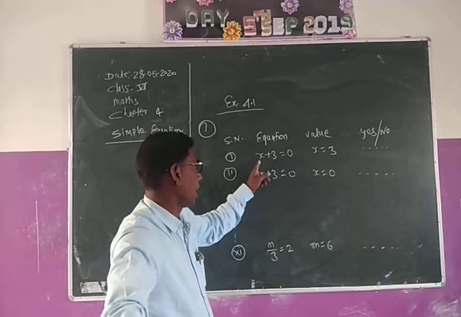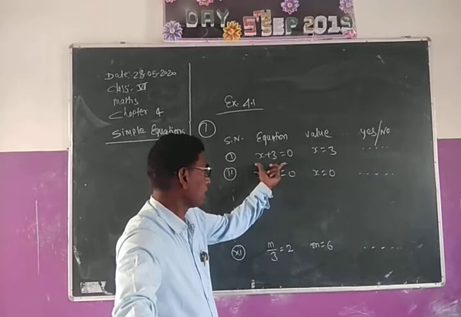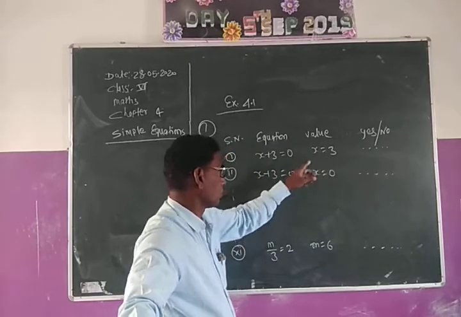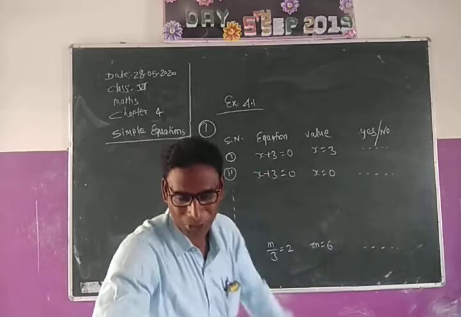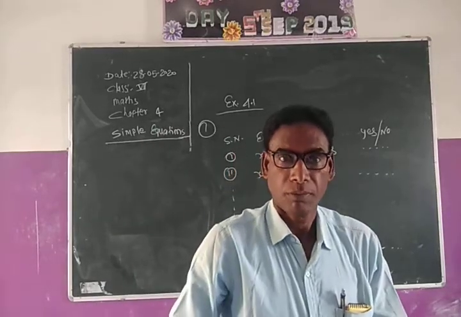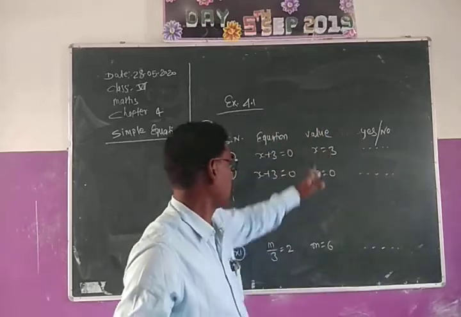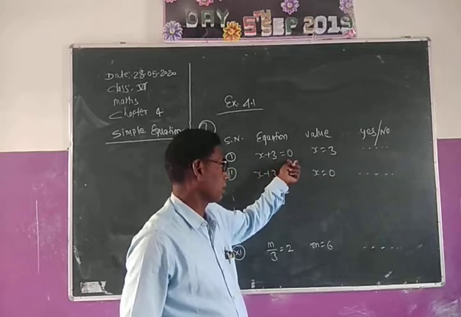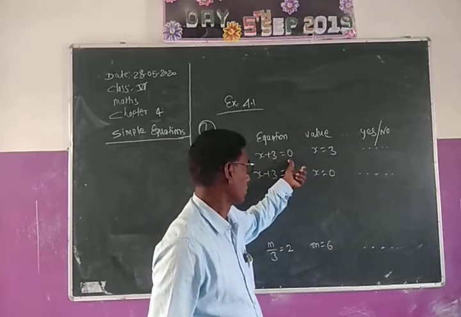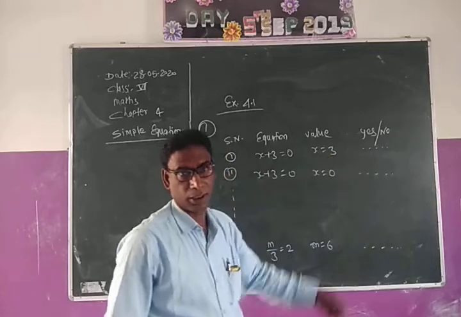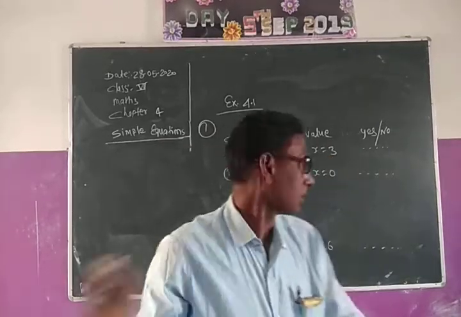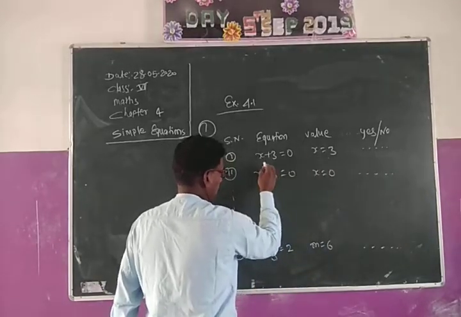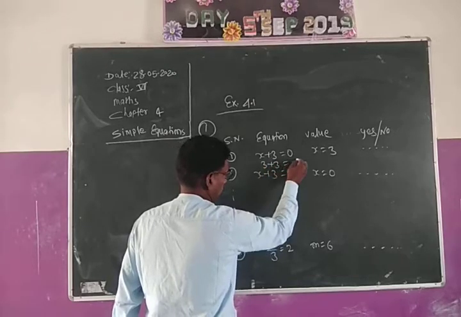Now listen and look. x plus 3 is equal to 0. In this equation, the value of x given is 3. Does this value satisfy the equation or not? When you put the value 3 in the given equation, if both sides are equal, then you say that the value of x satisfies the given equation. x plus 3 means 3 plus 3 is equal to 6.